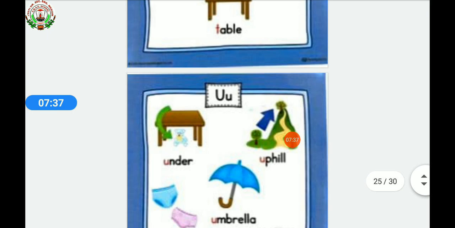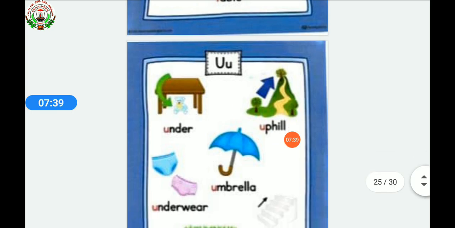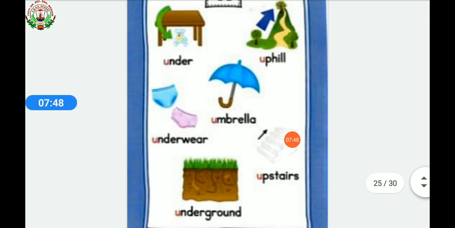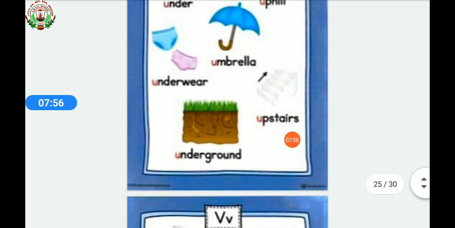Then comes the letter U. U for under, U for uphill, U for umbrella, U for underwear, U for upstairs, U for underground.